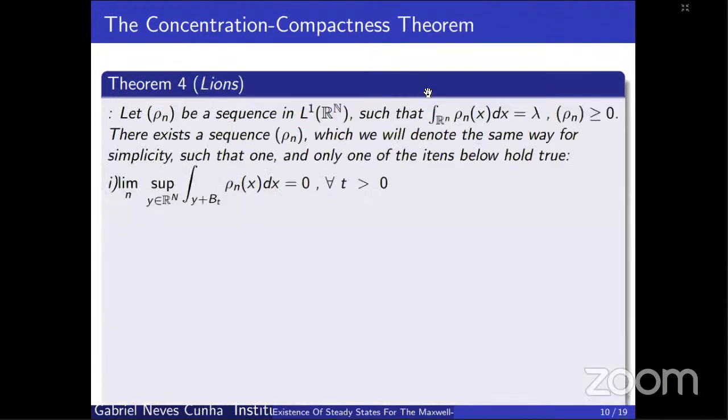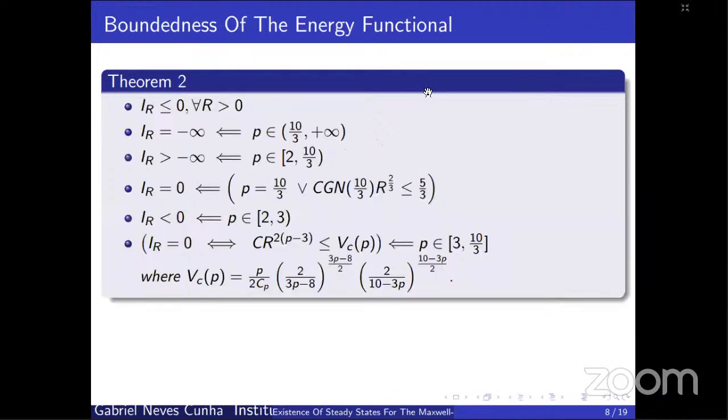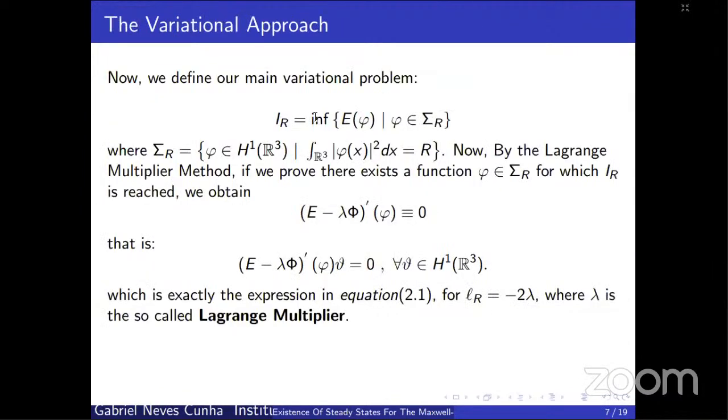So the idea behind the variational approach is, we have an infimum, so we take a sequence on this set called the minimizing sequence, in a way that the numerical sequence obtained by the action of this function on this sequence converges to the infimum.